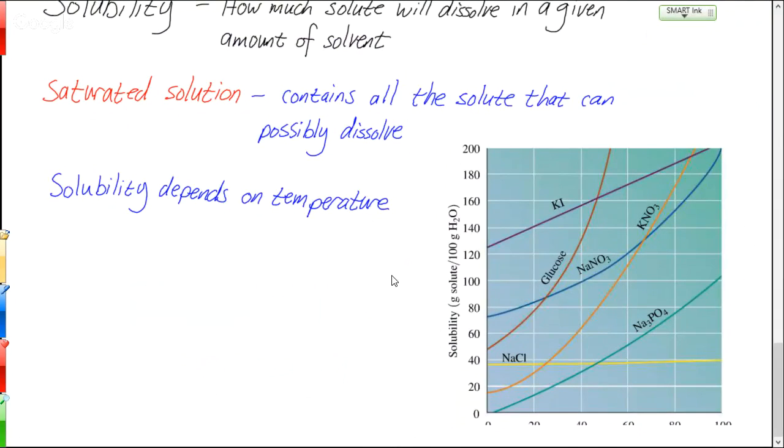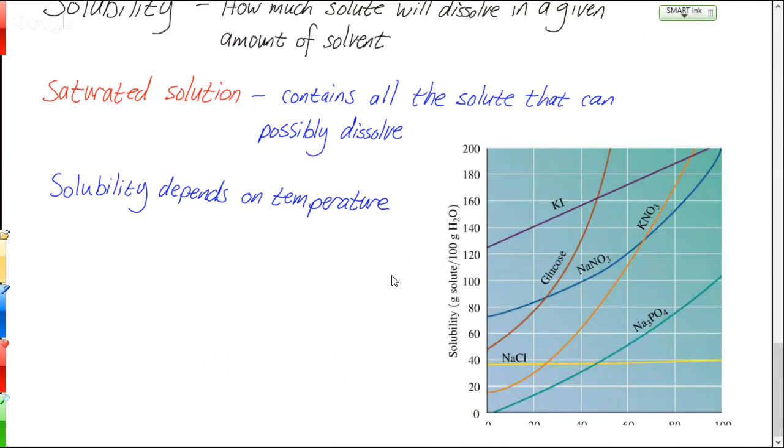But what this shows, I know I cut off the bottom, but the bottom is temperature. It shows how the solubility changes with temperature. So as the temperature increases, the solubilities go up. And I should say, that's not true of every solute. Some solutes actually lose their solubility as the temperature increases, but for most solid solutes, the solubility goes up.